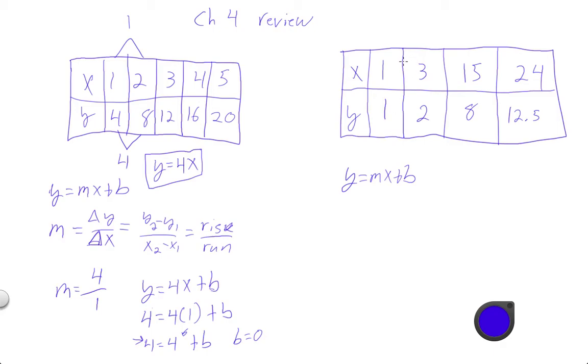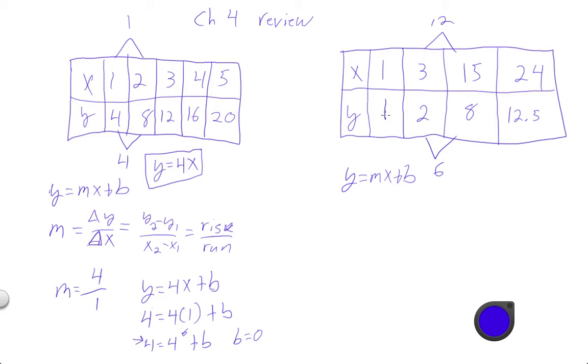It doesn't matter which 2 points I take the difference from. It's going to come out the same anyway, at least with all of the ones that we'll give you. I'm going to make my difference in x from 3 to 15. That's a difference of 12. And my change in y, from 2 to 8, is 6.